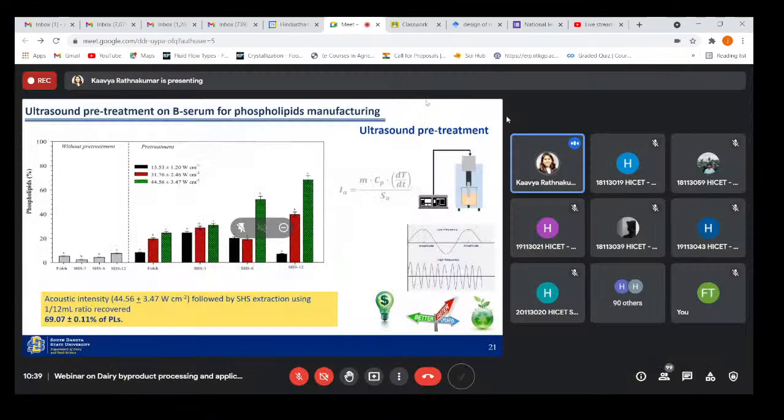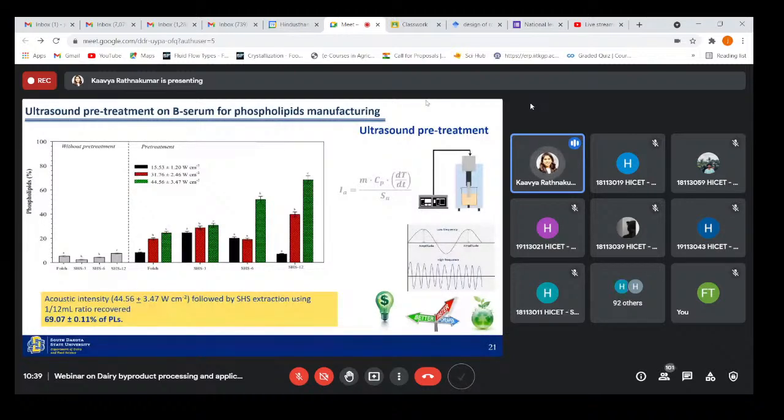Ultrasound is a novel technique that has been studied extensively for emulsifications and extraction of valuable components like polyphenols and enzymes in many agro products. So we tried to adapt this ultrasound technique as a pre-treatment for our research as well.